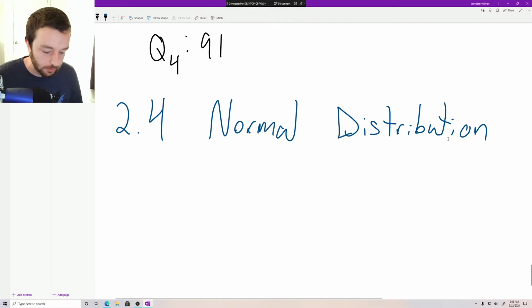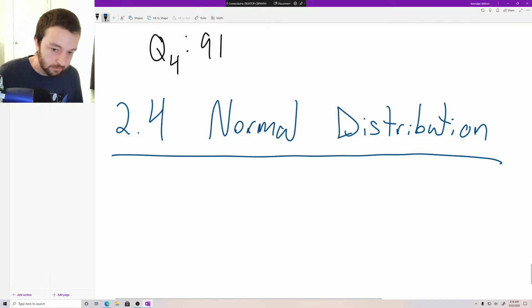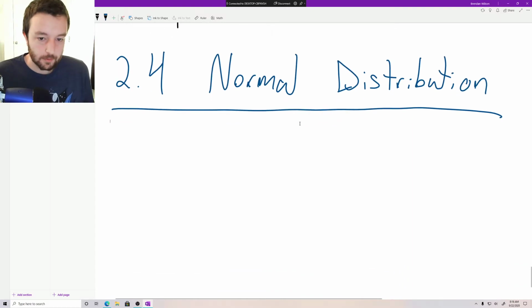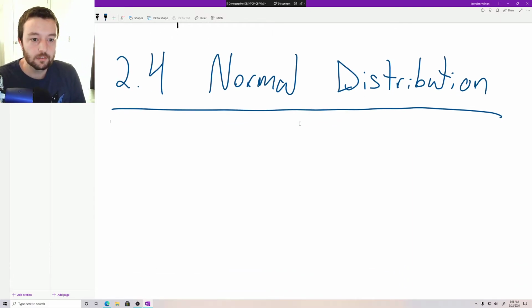All right, so the normal distribution is what we sometimes refer to as like the bell curve. You might hear some expressions of like falling within the bell curve or something like that. It's referring, or it should be referring, to the normal distribution.